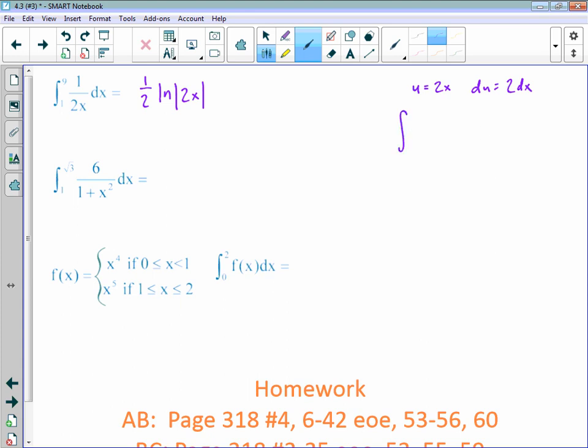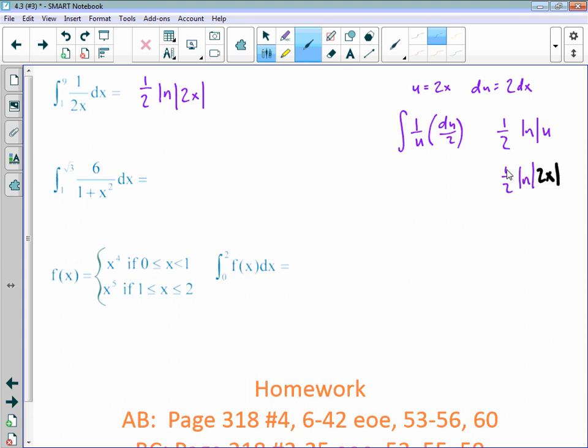So if you had your integral, this would be 1 over u, and then your dx would turn into du over 2. So that half would be out front. That's where that half comes from. And then the integral of 1 over u is natural log the absolute value of u, but our u is 2x. Do you see where that comes from?